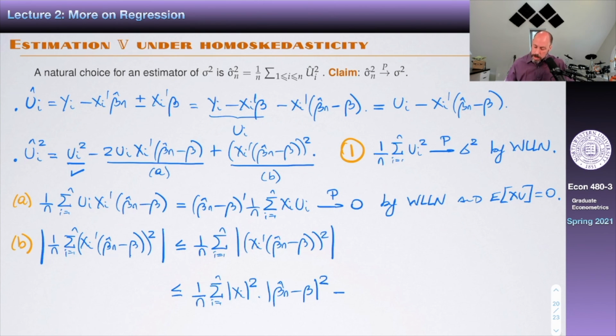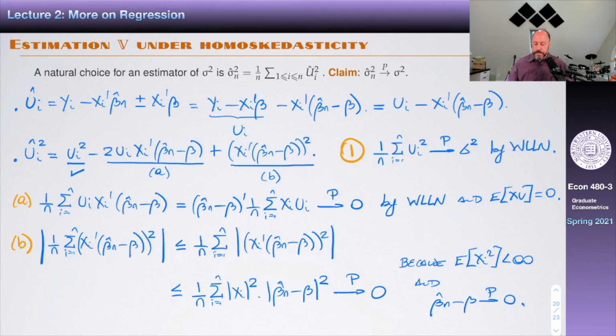And so this converges in probability to 0 because the expected value of x_i squared is finite, and beta hat minus beta converges in probability to 0.